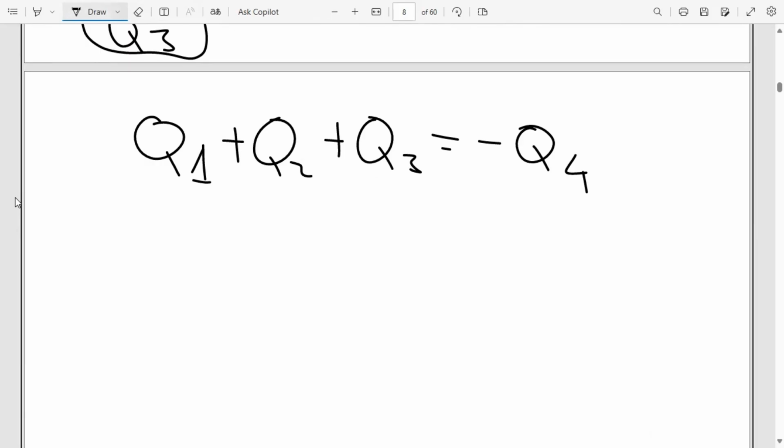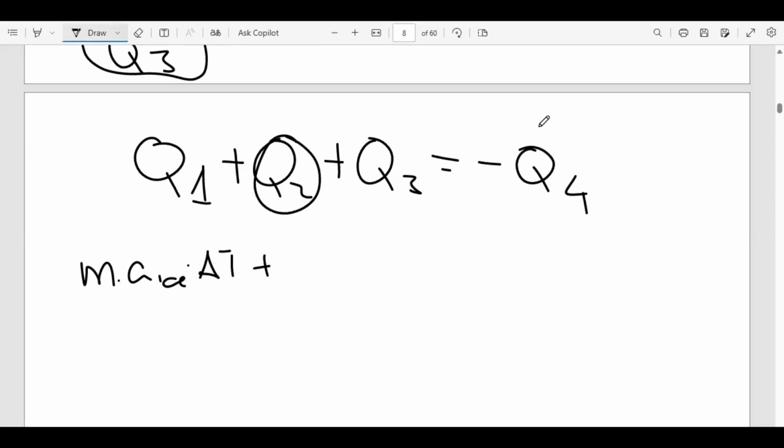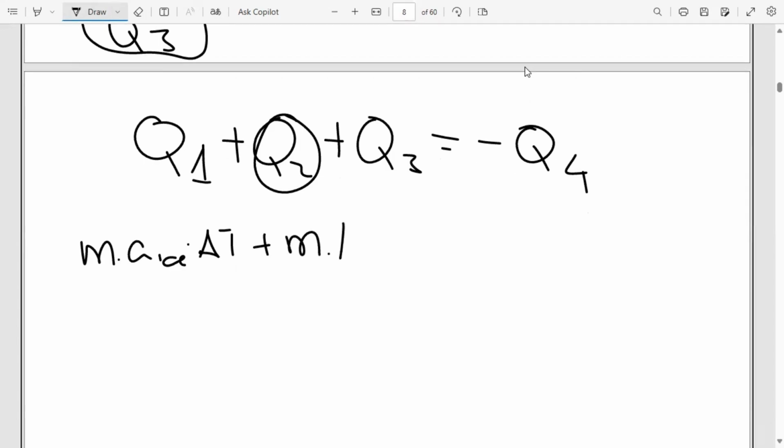And Q1, since it's responsible for changing the temperature of the ice, we're going to say Q1 is equal to m c of ice multiplied by change in temperature, plus Q2, which is responsible for changing the phase of that substance. So Q2 is equal to mass multiplied by latent heat of fusion.